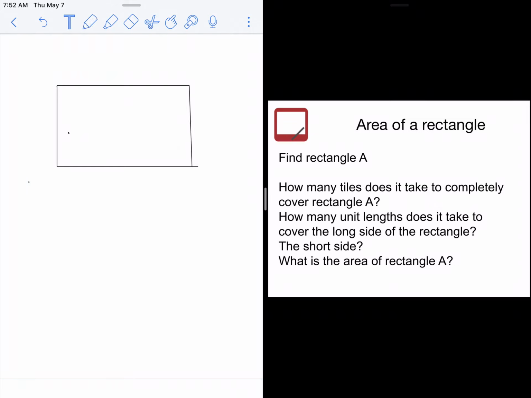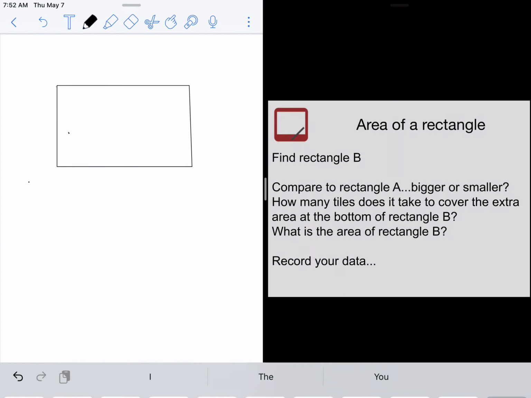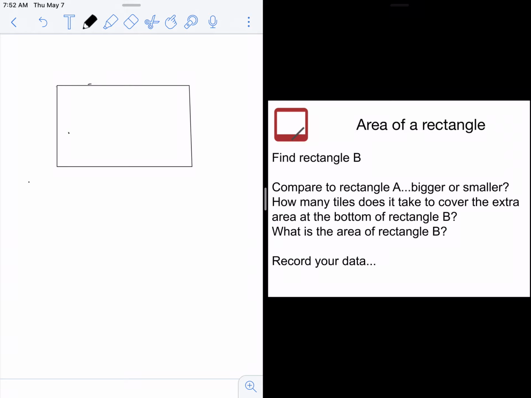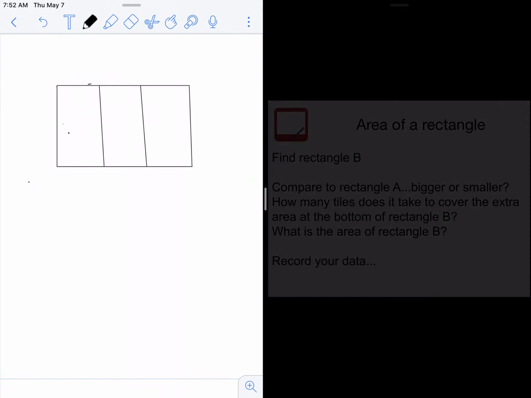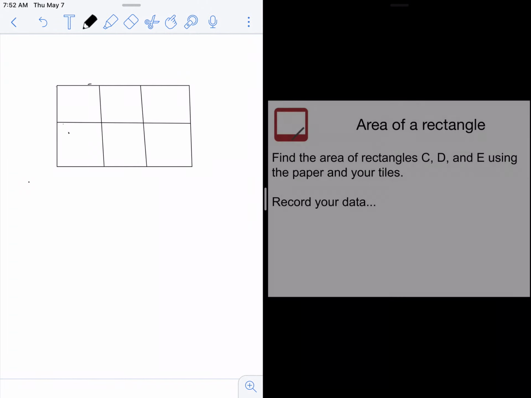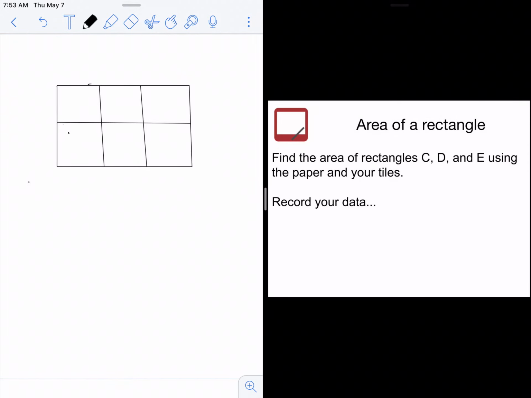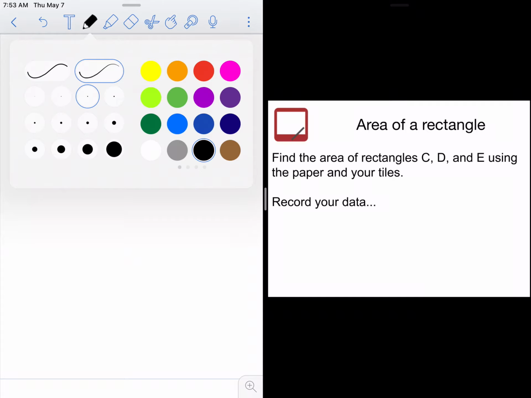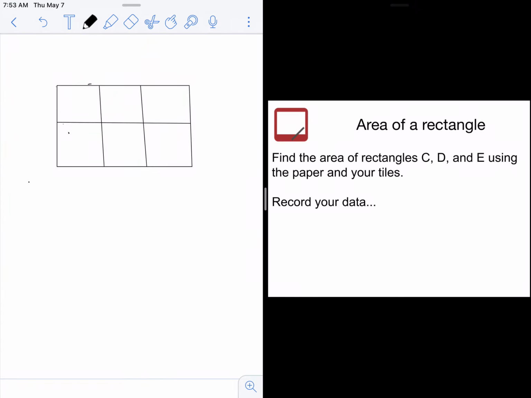Rectangle A is 3 units by 2 units. Okay?